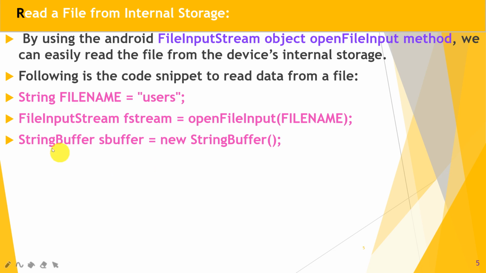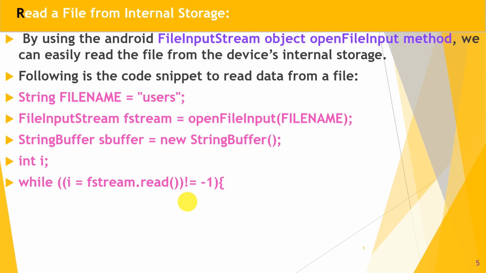So create the string buffer object. Great. So fstream.read method, that means the read method returns an integer value. So read character by character and check whether that character value is not equal to -1. That means if the end of the file is reached, if the end of file character is fetched by using the fstream.read method, then i contains -1, that is the end of file character.